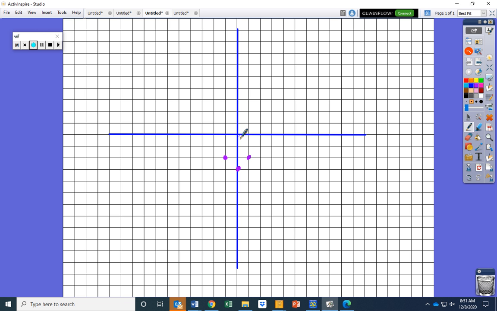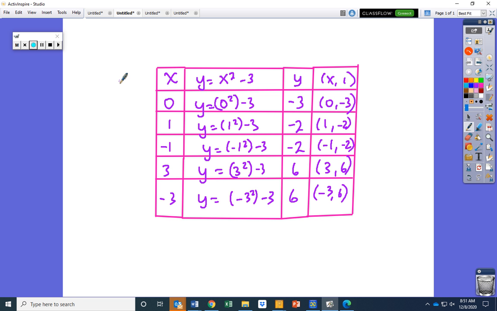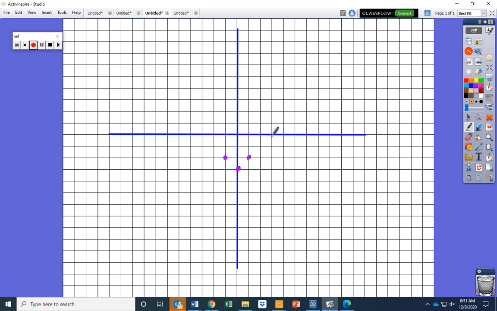And then 3, 6. Over 3 up 6. 1, 2, 3, 4, 5, 6. And then back 3. 1, 2, 3. Up 1, 2, 3, 4, 5, 6.